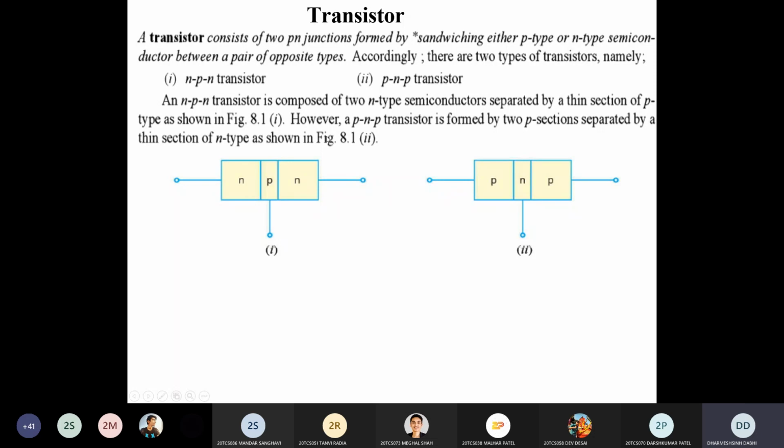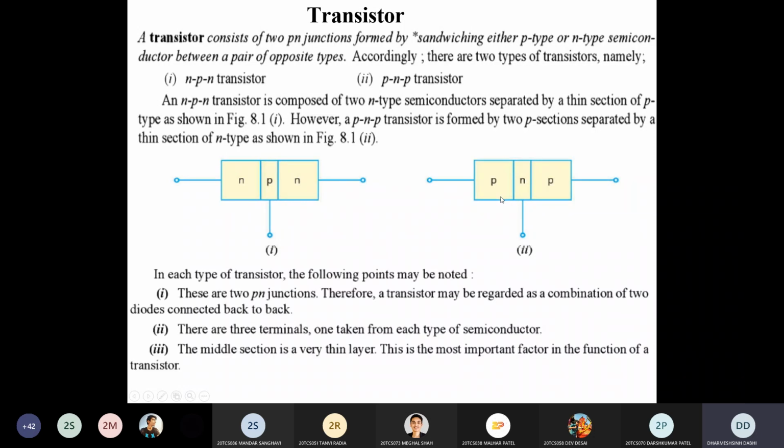However, a PNP transistor is formed by two P sections separated by a thin N-type section. So this is the construction of NPN and PNP type transistors.